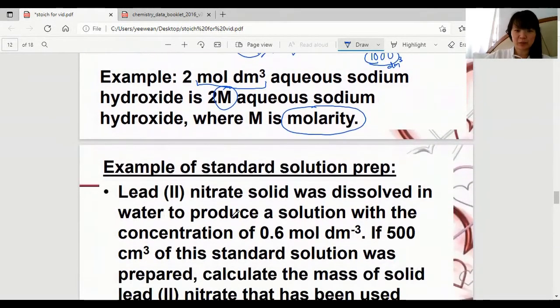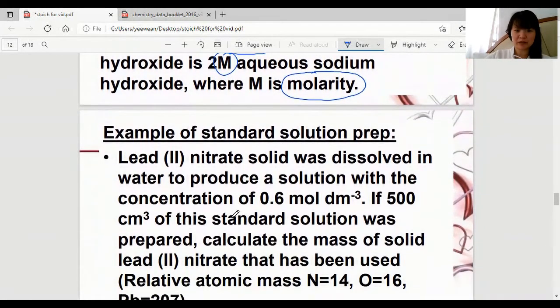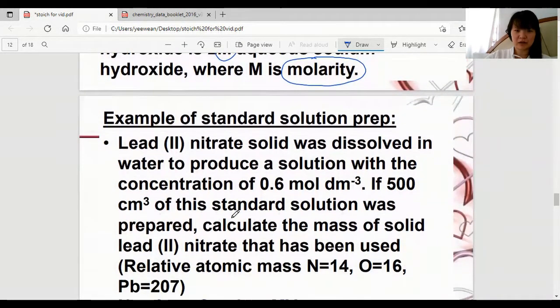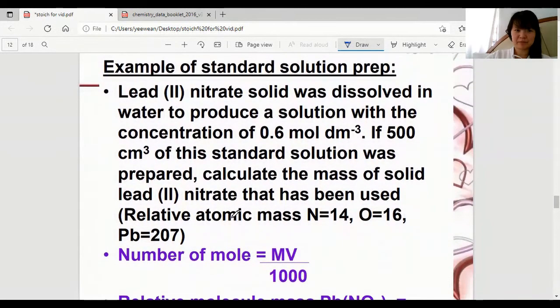Let's see how we prepare a solution which we want in a certain concentration. Lead nitrate solid was dissolved in water to produce a solution with a concentration of 0.6 mole per dm³.